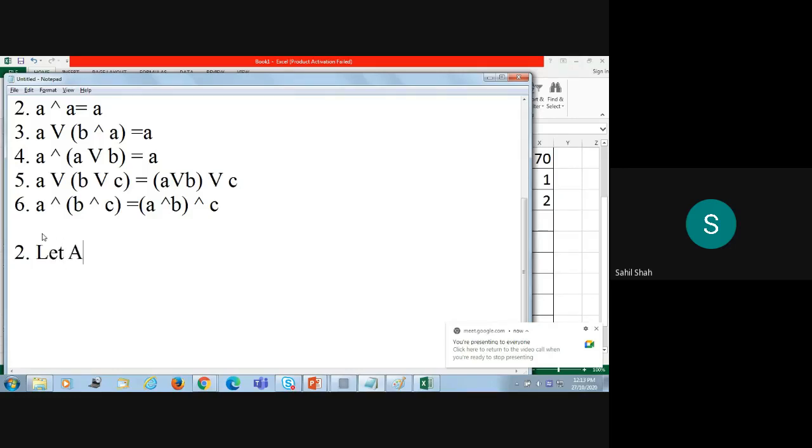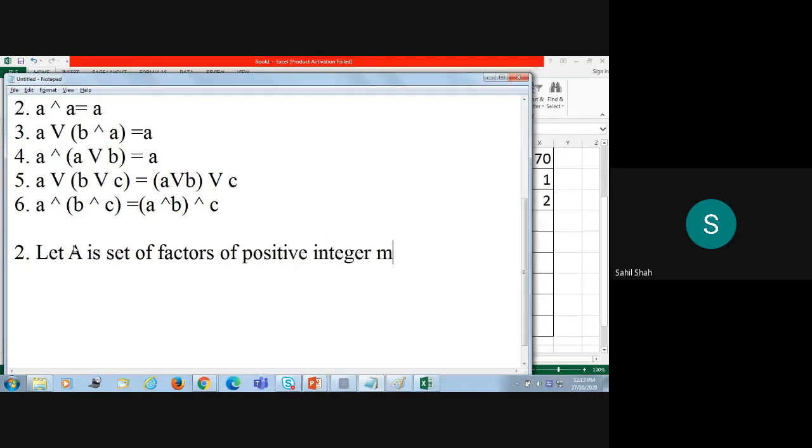Let A be the set of factors of a positive integer n, and the relation is divisibility on A. Same question, okay.